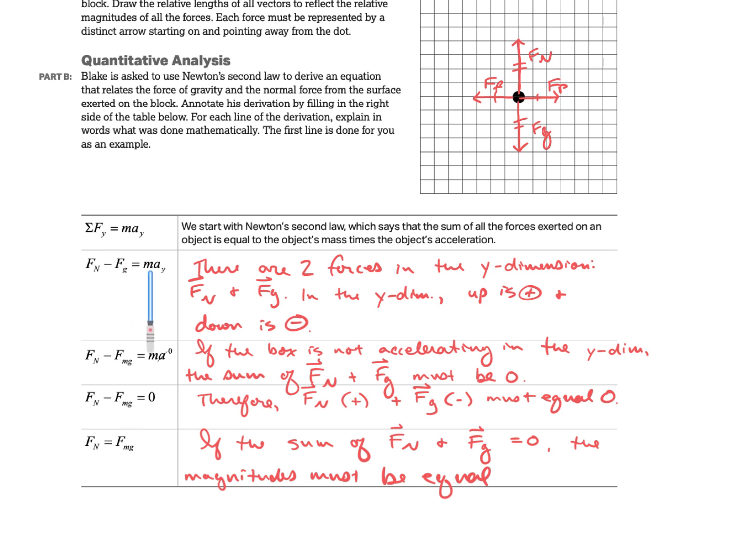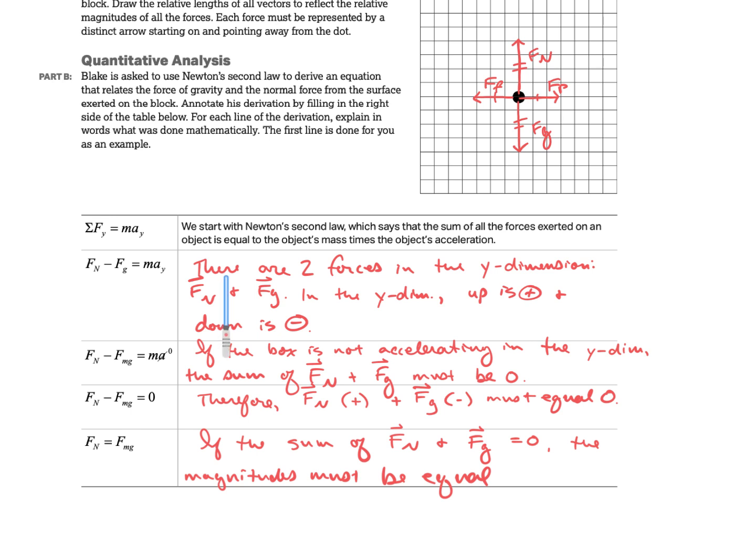The next step in the derivation that's provided says that the sum of the forces, where Fn is the normal force upward and Fg is the gravitational force downward. So these are the forces acting in the y direction. And so the sum of the forces is going to equal the object's mass times its acceleration in the y direction.